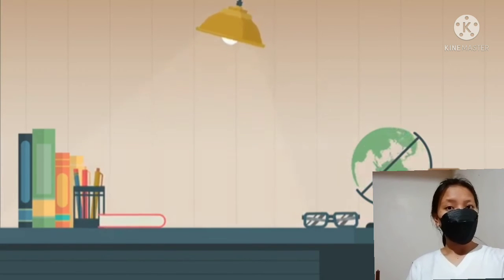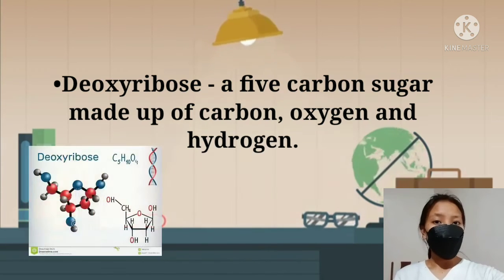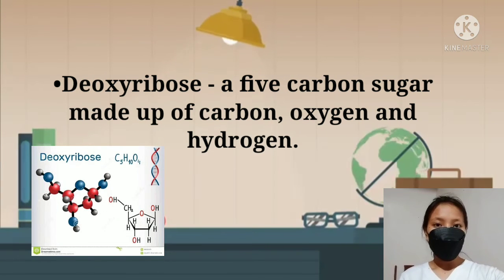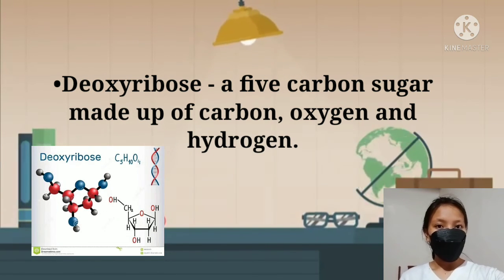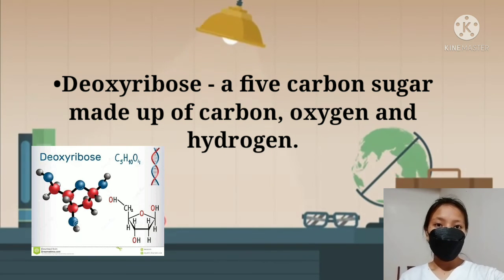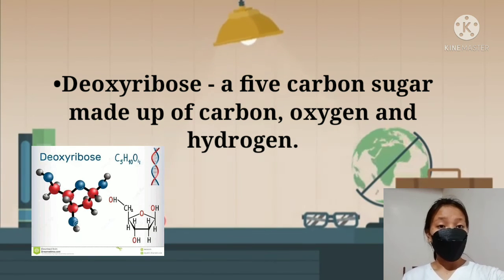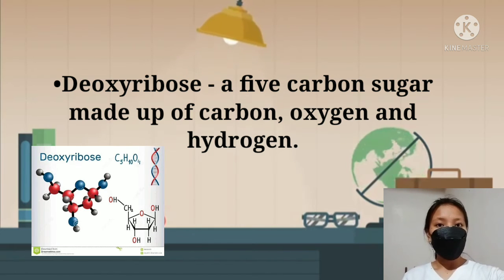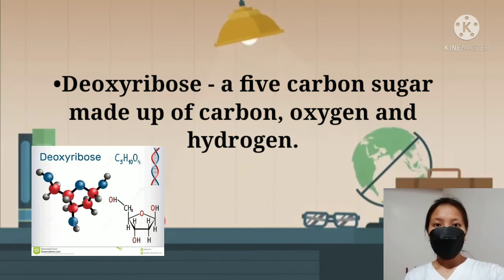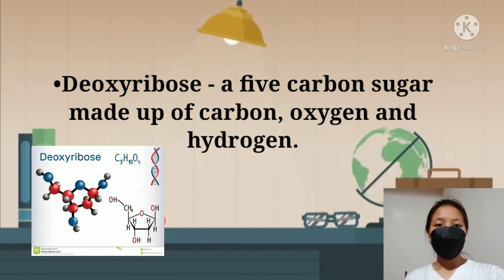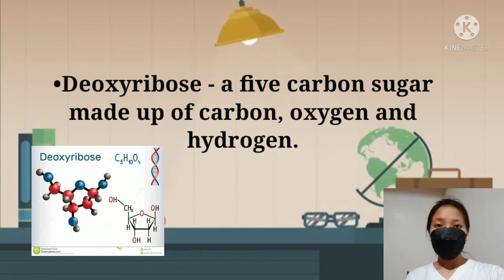So the second is deoxyribose. Deoxyribose, a 5-carbon sugar made of carbon, oxygen, and hydrogen. Deoxyribose, also known as 2-deoxyribose, is a pentose sugar or monosaccharide containing 5 carbon atoms.